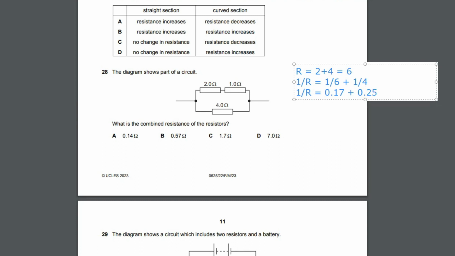I will just add these two numbers. I get 0.42. As this is 1 upon R, I will just find the reciprocal of 0.42. So R will be equal to 1 divided by 0.42, which comes out to be about 2.38.